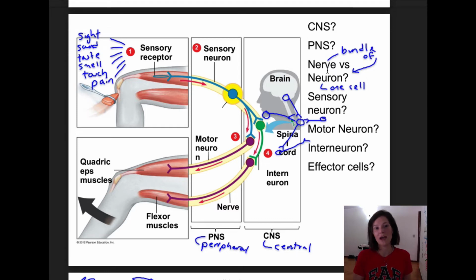You might have one that's going from the bottom of your foot to your spinal cord, so these can be super long. But in general, neurons are either carrying information from your brain or to your brain. Sometimes a message doesn't have to go all the way to your brain; sometimes it might just be going to your spinal cord and then right out.